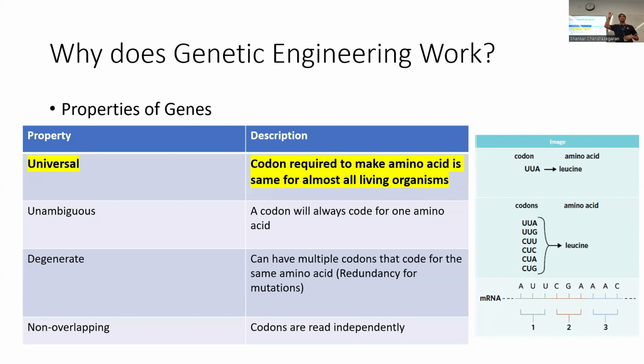So essentially, if I take the gene, let's say the gene is A, B, G, C, G, A, T, right? And this makes an amino acid. Even if I take this gene and put it into a different organism, it will still make the same amino acids because the codons required to make the amino acids are identical.